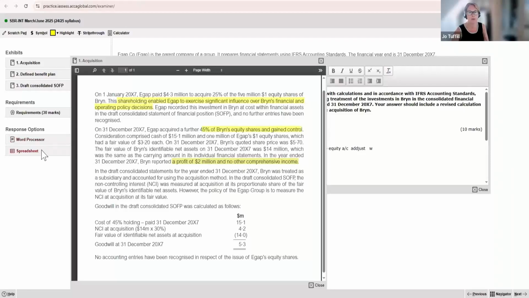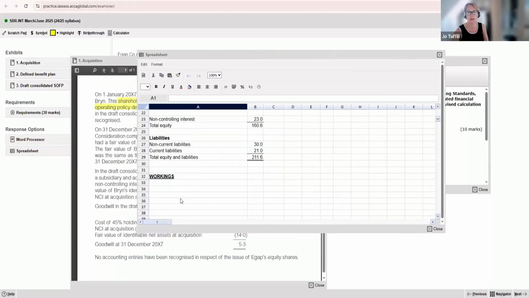So if I open up my spreadsheet now, because I'm going to try and do this all together, my working one is going to be the associate accounting. And don't worry about spelling mistakes. The investment goes in at cost.